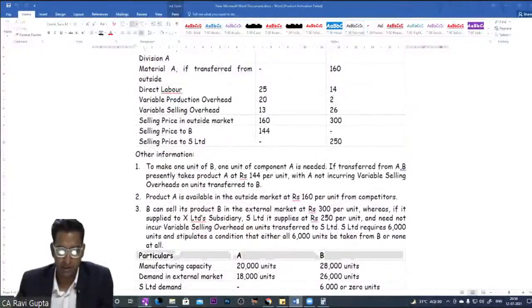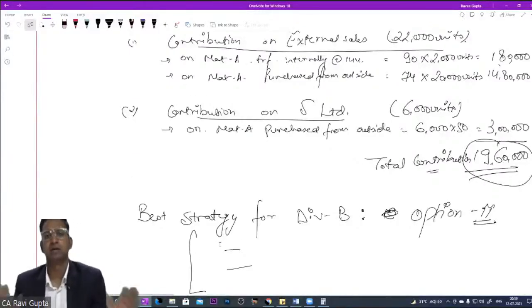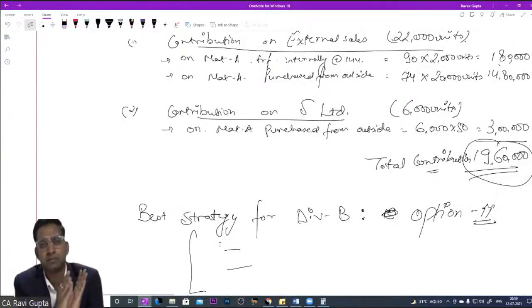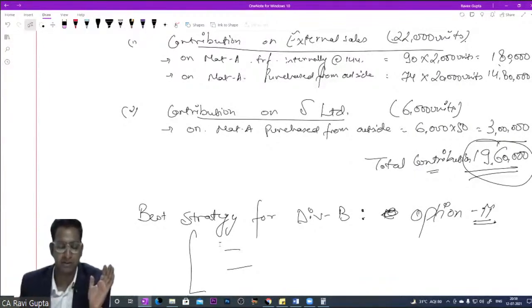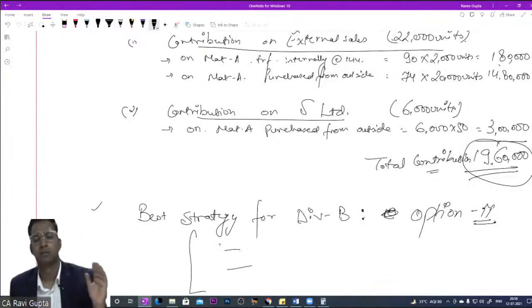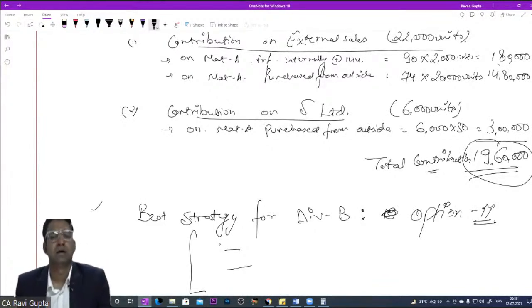Now, any query on what we have done so far in session number 1 and session number 2, any student having any kind of query, you can ask. This was the best strategy questions, profitability statement, and minimum and maximum price calculation. So the basic calculation part we have covered.